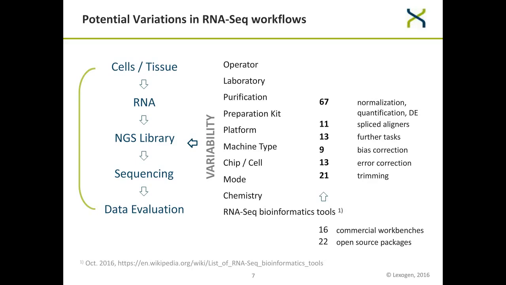Looking up at Wikipedia, for example, you see that you've got all kinds of tools for all steps along the pathway. You've got a large number of tools for trimming, bias correction. You can choose from any of those splice aligners available. And the largest variety is at the level of normalization and quantification. Now, if you just multiply all these possibilities, you get to a very high number of variations that are possible.